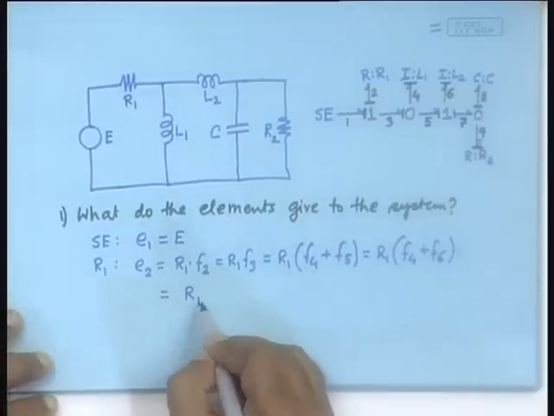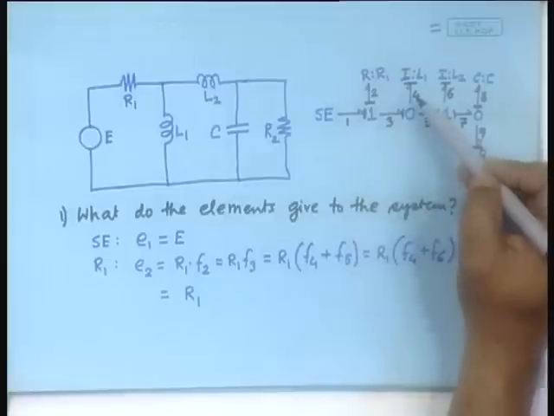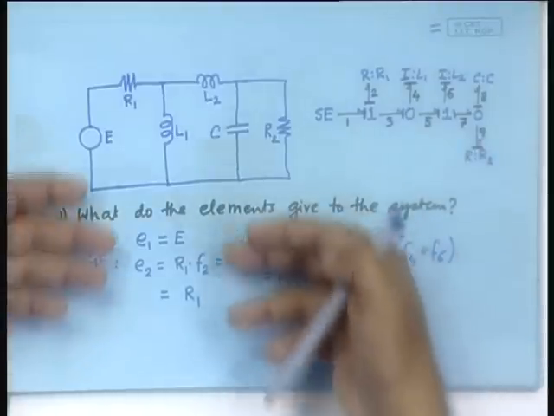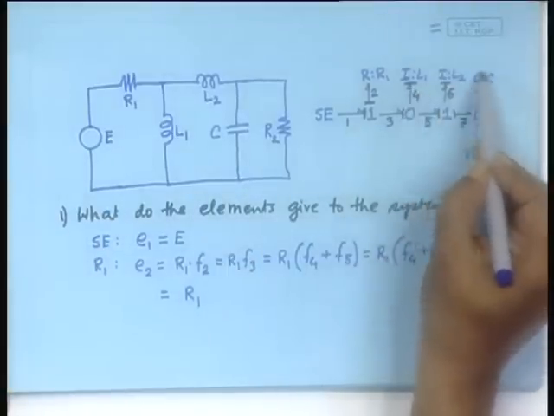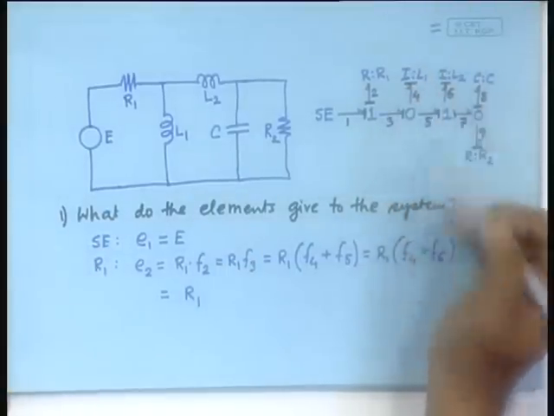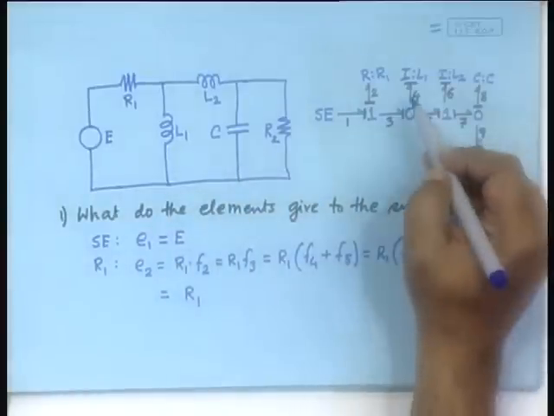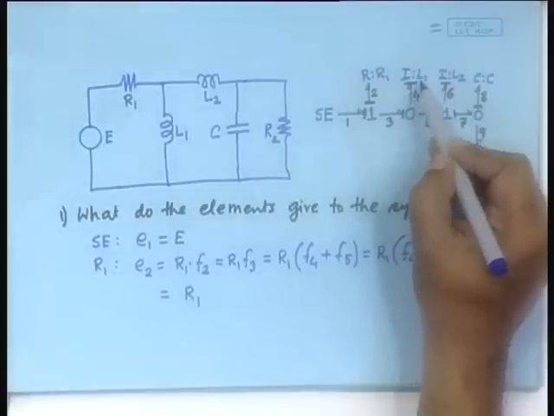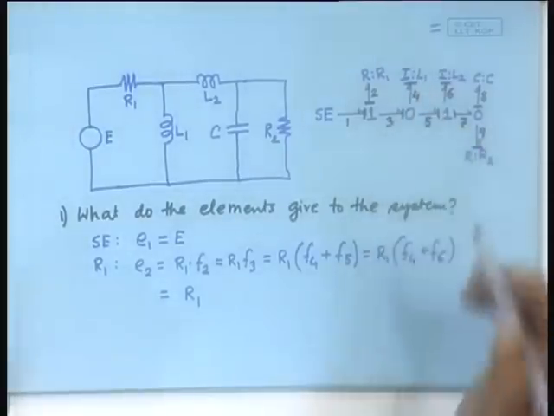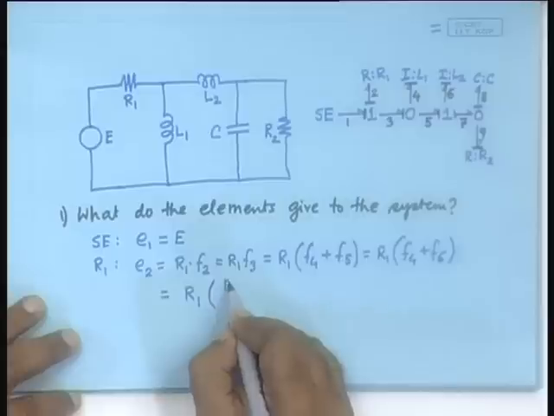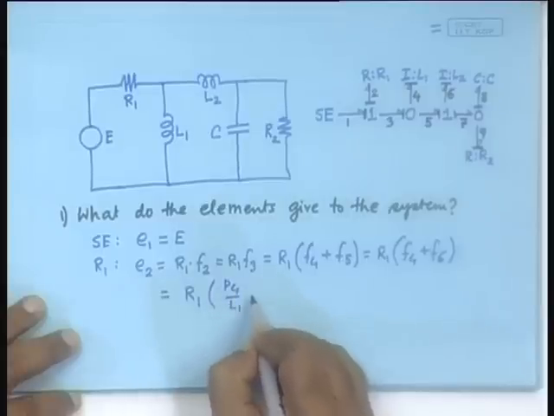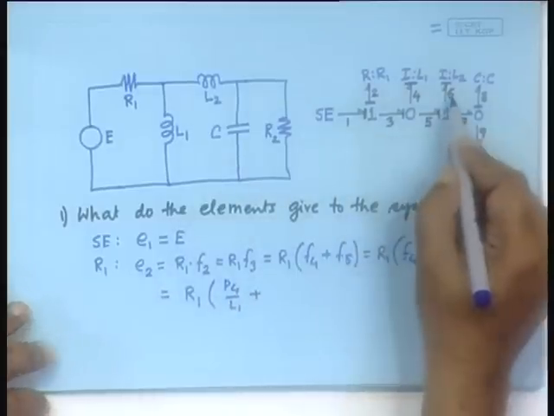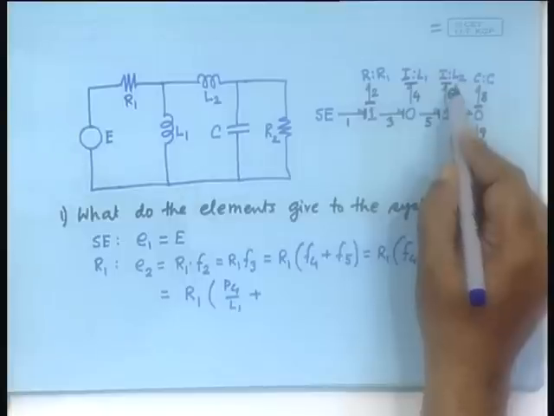R1 into F4 is what? Actually, while writing this, we should have done it for the storage elements first, because then it would be directly available, but we can see the F4 is P4 by L1. So, it is P4 by L1 plus F6 is P6 by L2.